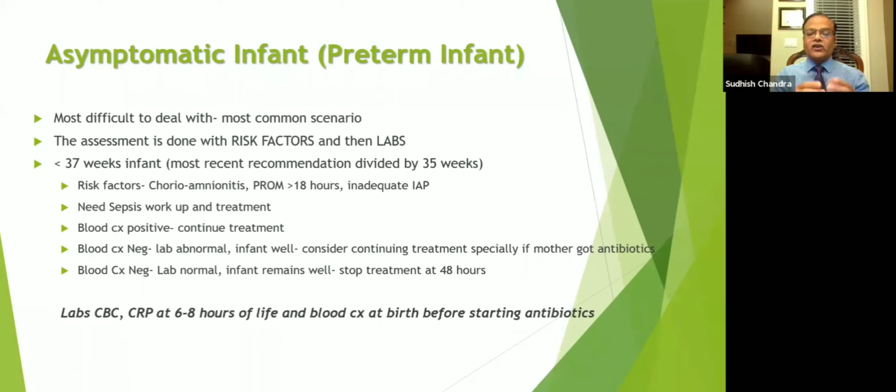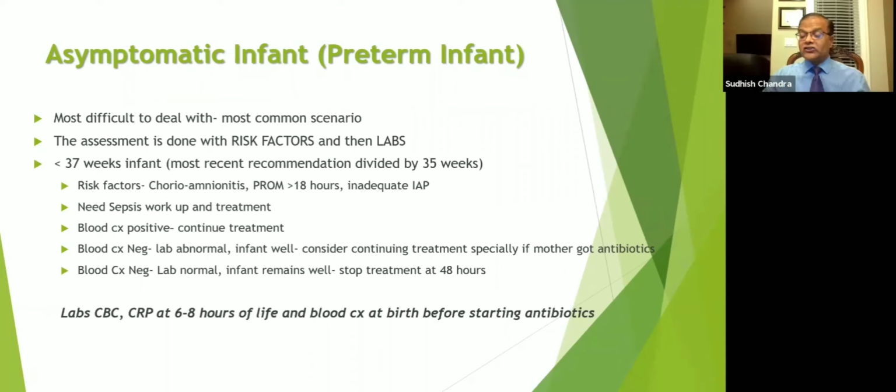In this situation, you do CBC, CRP, blood culture, put the baby on antibiotics, and follow these labs, which we'll discuss later, how we do and why all those things are needed, and then decide about the treatment duration. If the blood culture is positive, no brainer, you treat like sepsis.